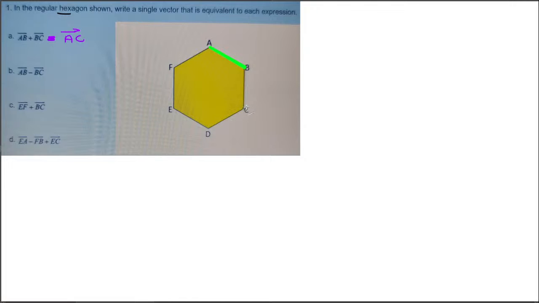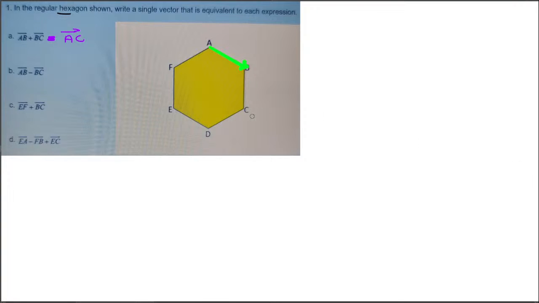AC minus BC. Okay, so the way that you add vectors graphically is tip to tail. So if we were adding this one to this one, it would be like that. That's how we did the last one, and the resultant would be from the tail of the first to the tip of the other one. But then subtracting this vector would mean, okay, actually I can do this in a new layer.